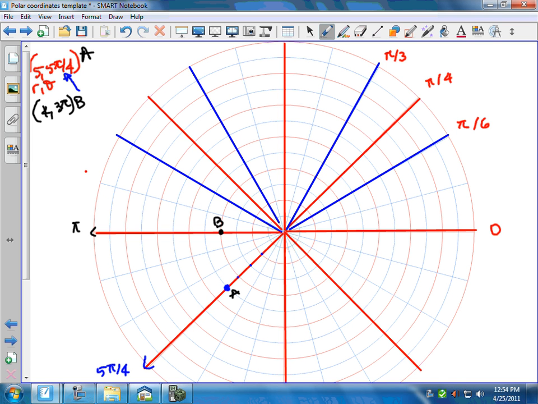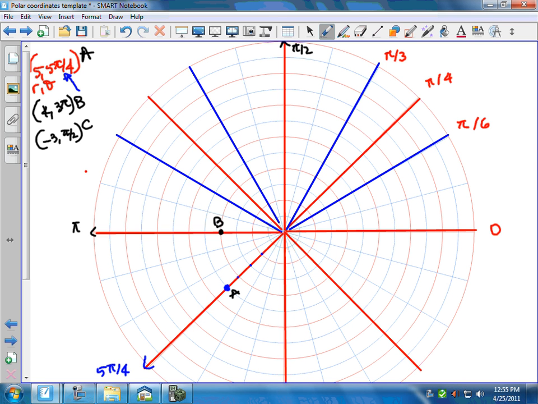Now it gets a little bit interesting when you have negative r values. For instance, take a look at part C. Negative 3 comma pi over 2. This is our point C. Typically you would find the angle first, right? Angle is pi over 2, which is this one right here. And typically you would move along that line, r equals 1, 2, 3, along your concentric circles.